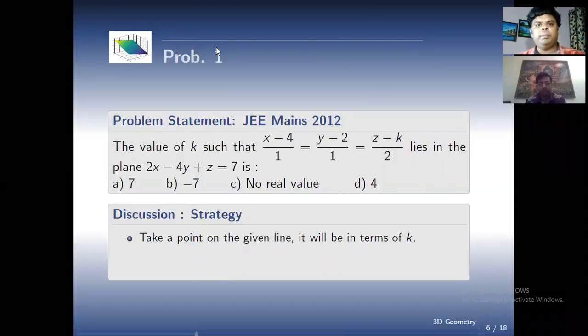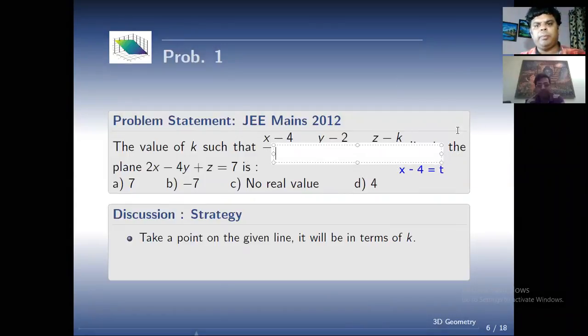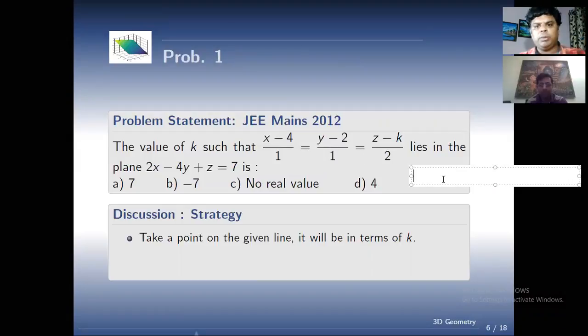I have here x minus 4 is equal to t, because the denominator here is 1. So x minus 4 equals t, which means x equals t plus 4.